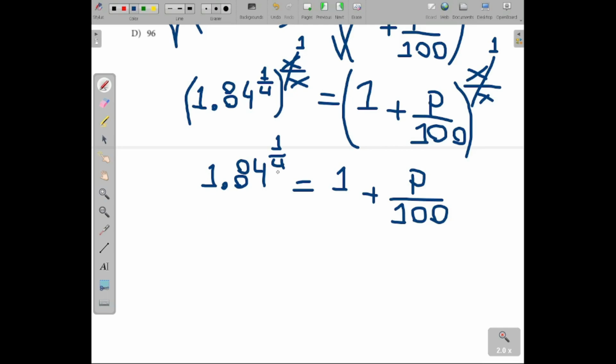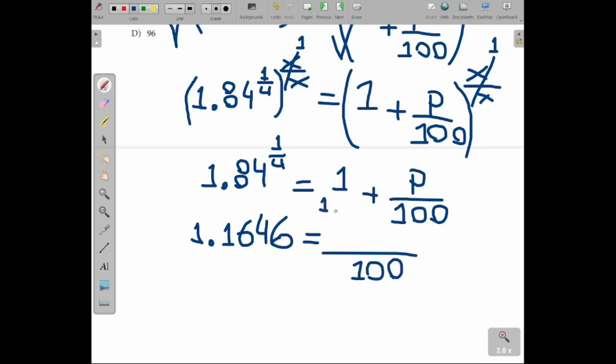1.84 to the power of 1 divided by 4 is 1.1646, equal to, we can get the common denominator, so 100, and here we'll have 100 divided by 100, so 100 times 1 will be 100 plus p.